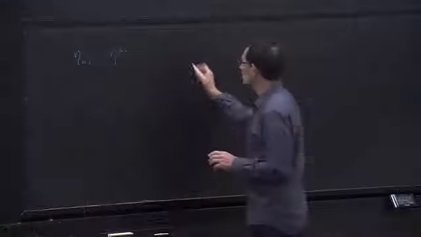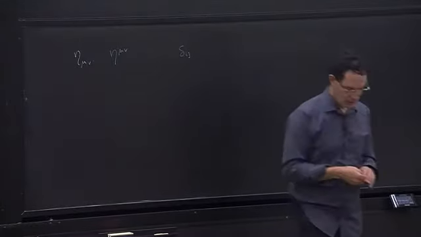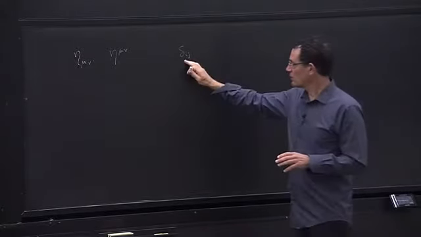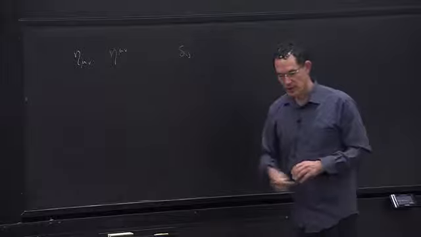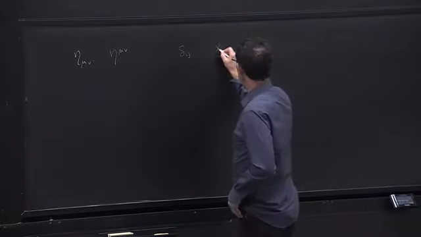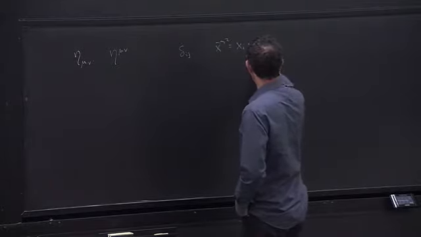That implicitly uses a delta ij in Cartesian coordinates. The sum of the squares can be written as the sum with a delta. So x squared is x^i x^j delta ij.